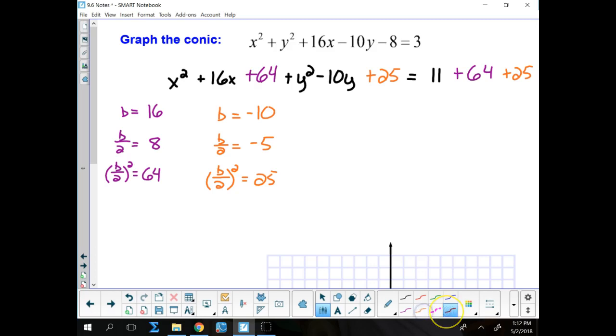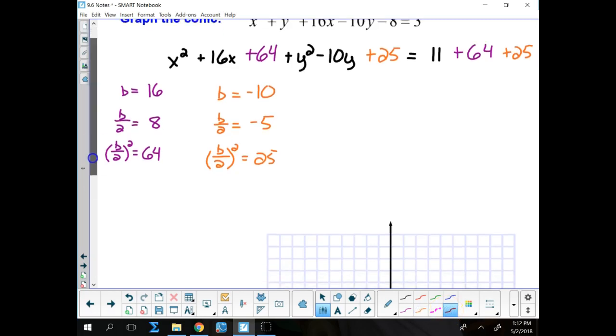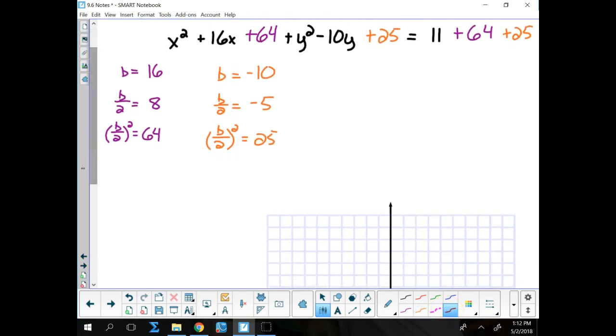So now my x's can factor down to be the quantity x plus 8 squared. My y's can factor down to be y minus 5 quantity squared. And the right side of my equation is 100.